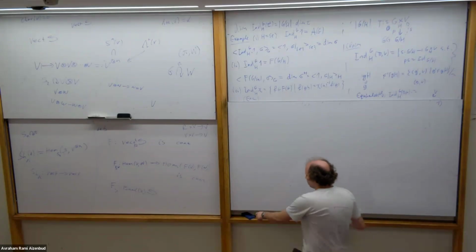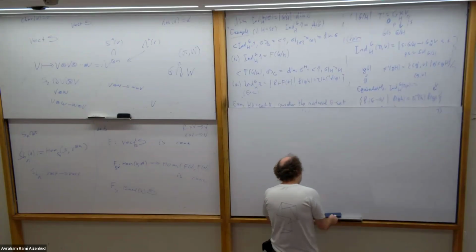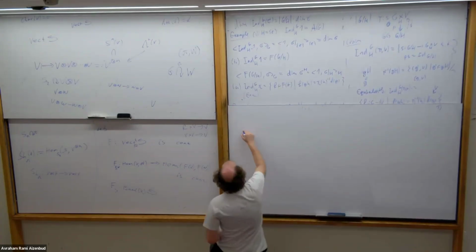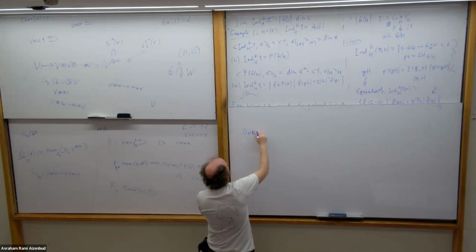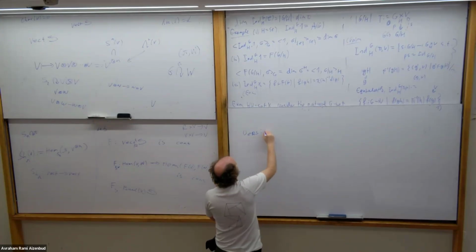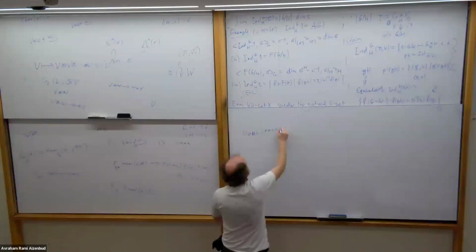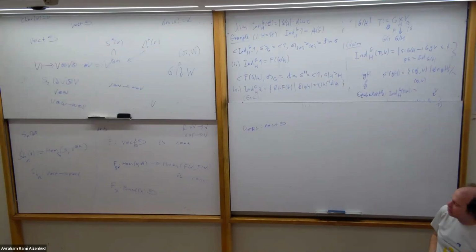So I want to define the functor of densities. Densities of a vector space V. So come back to vector spaces, and you take any vector space to a one-dimensional vector space.